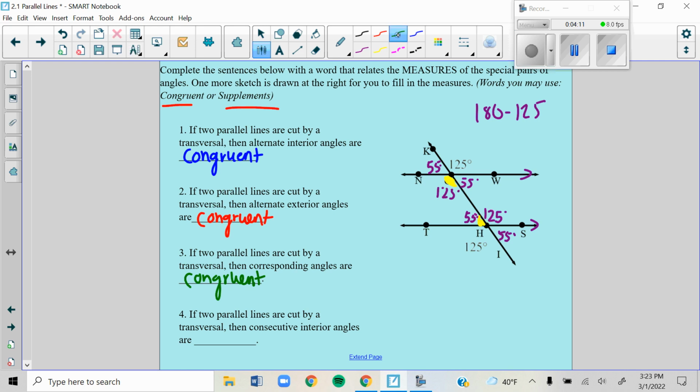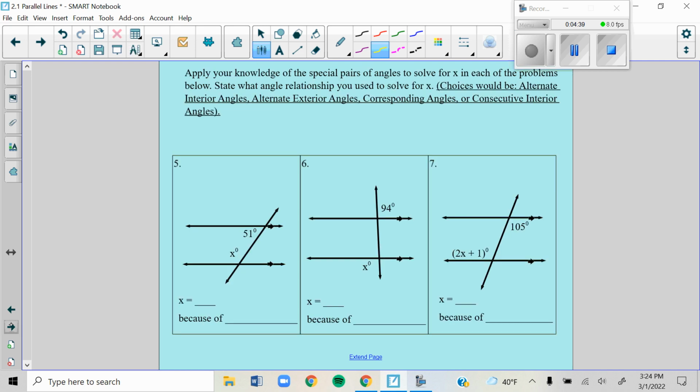Looking at it the same way over here, these two angles are consecutive interior, they're inside the parallel lines, they're on the same side of the transversal, and these are actually going to be supplements. So 3 out of our 4 relationships end with congruent angles, and consecutive interior angles are the only ones that end up being supplements. They add up to 180.